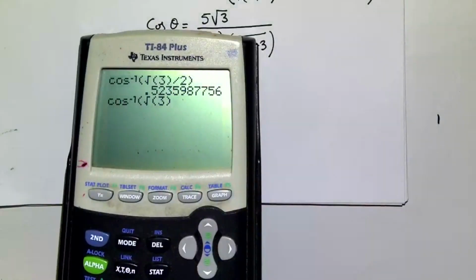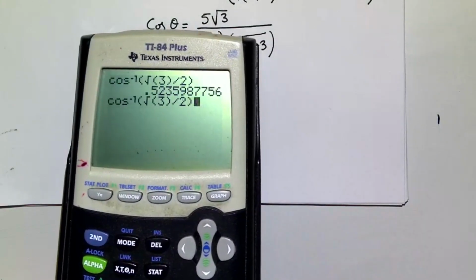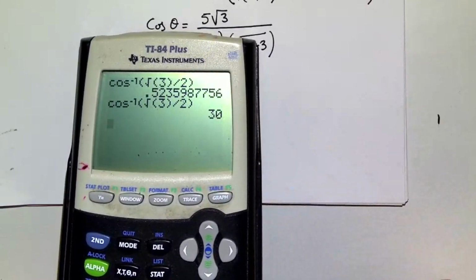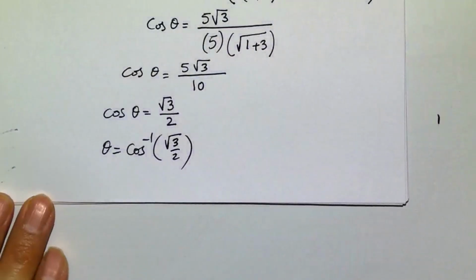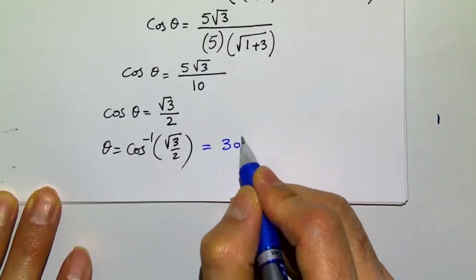Now that's correct. So divided by 2 and close the parentheses, we should get 30 degrees, which is the right answer. Okay, so that's the result, and therefore we have 30 degrees.